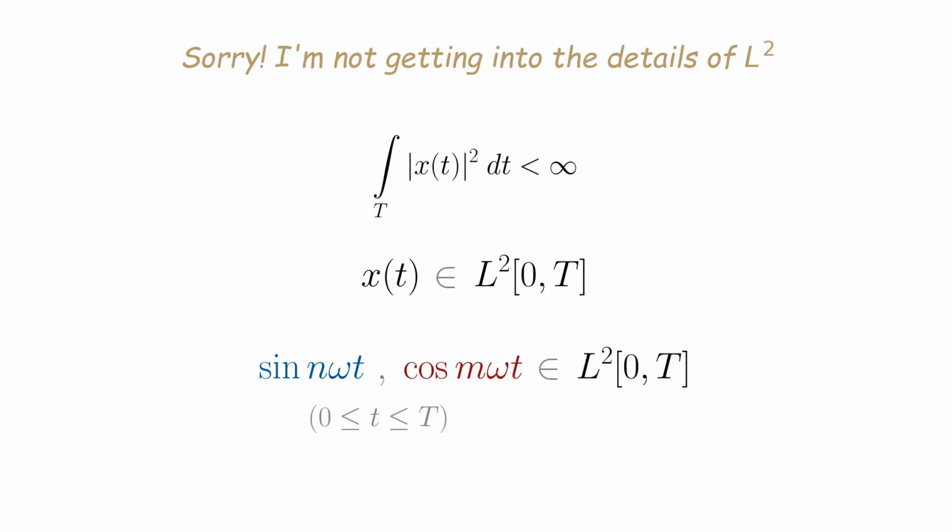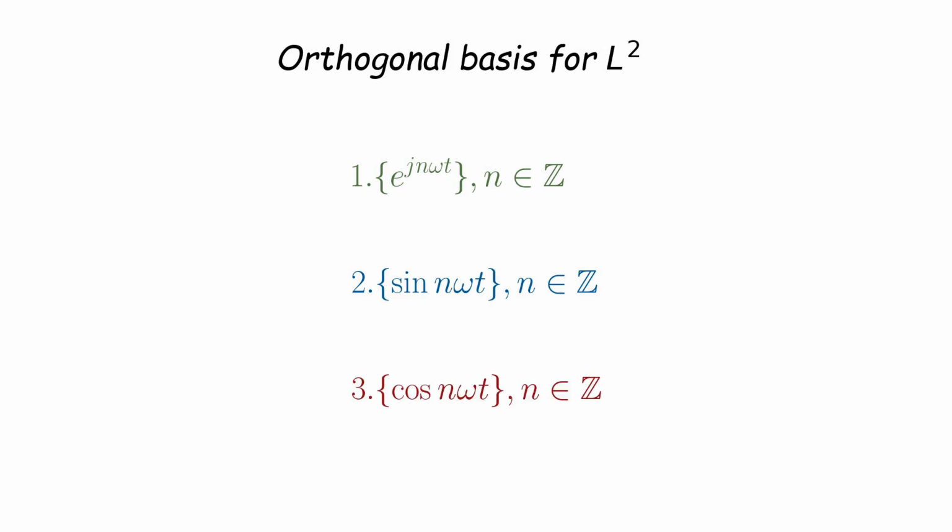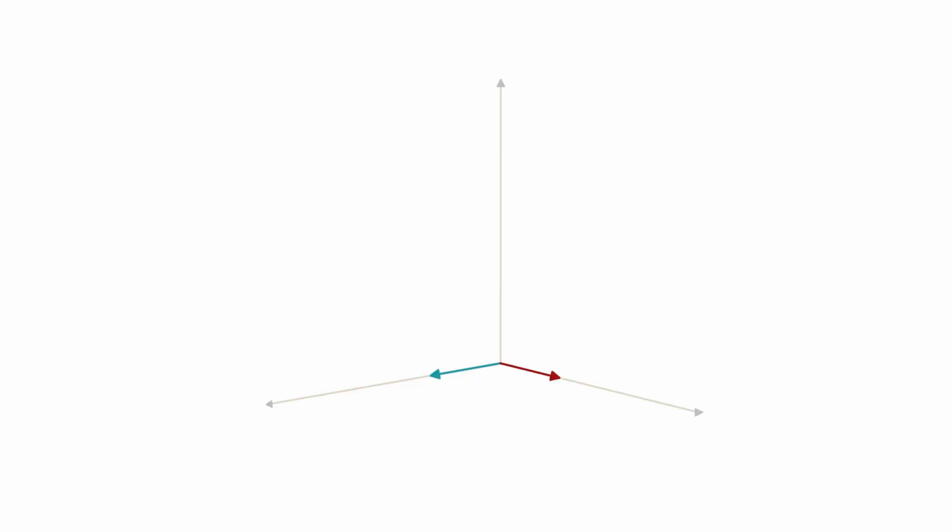Wait a minute. Now we have two new sets of bases for L2. What do you mean? We already saw that harmonically related complex exponentials form one set of bases for L2. Now all the harmonically related sine waves form another set of bases and the cosines form yet another. No. Why? Just because a bunch of vectors is orthogonal doesn't make it an orthogonal basis.